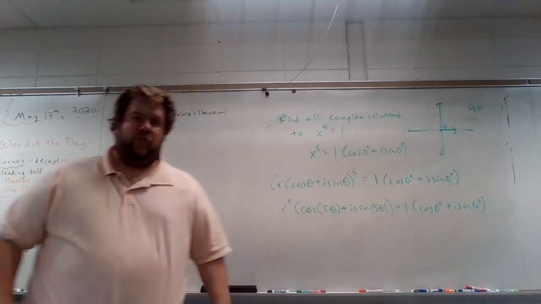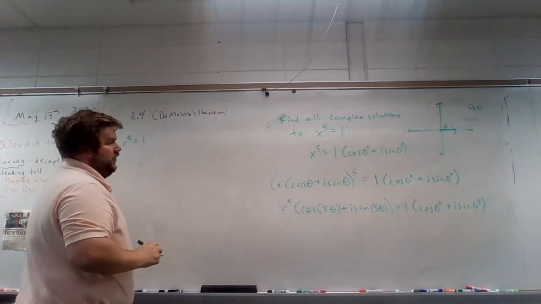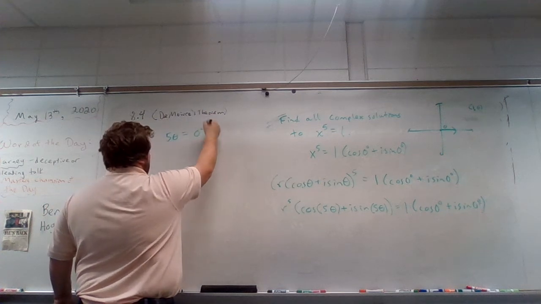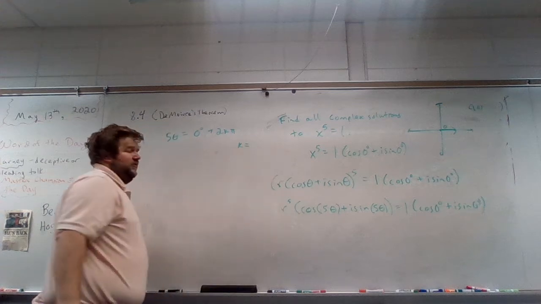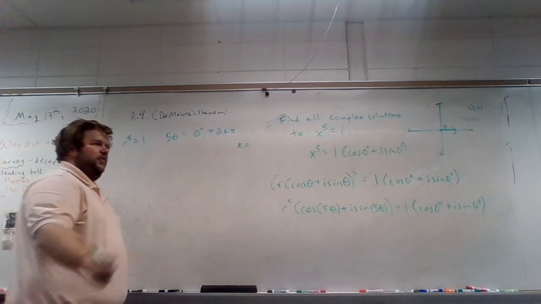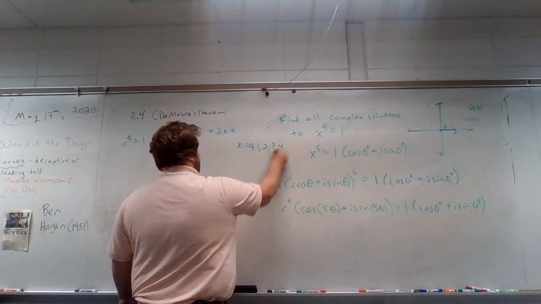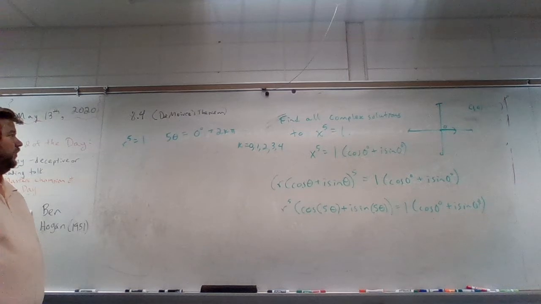Then I compare. r to the 5th has to be 1. 5 theta has to equal 0 plus 2k pi. Since I'm doing fifth roots, k goes from 0 up to 4, 1 less than 5. Then I would just solve all these.